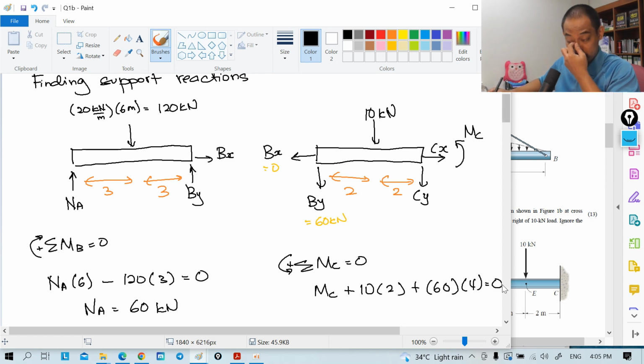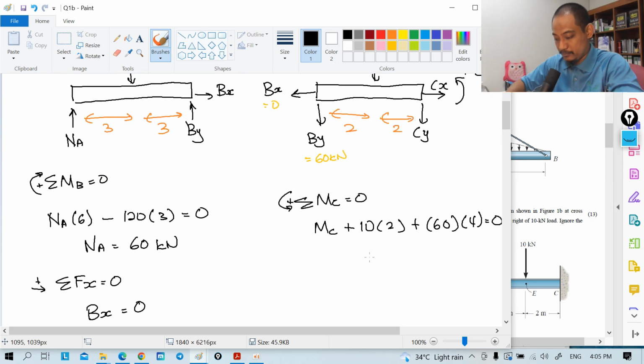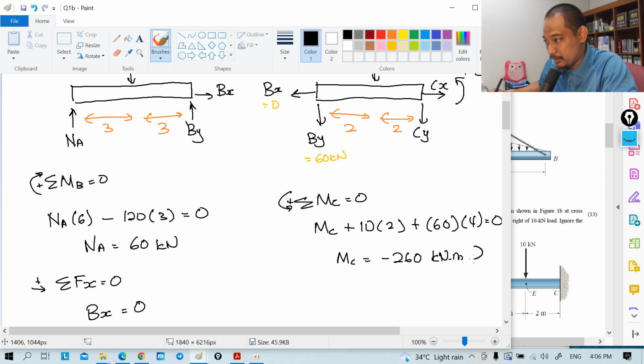So it'll be a negative value. 10 times 2 plus 60 times 4 gives 260. Bring it to the other side, so MC equals negative 260 kilonewton meter, meaning that direction.